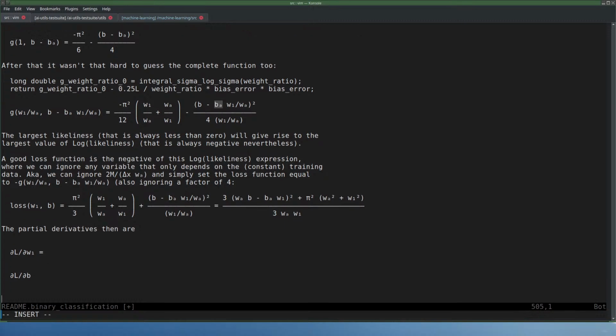Suppose we have the normal stuff. So WX, X is the input. And then we take the activation function of that.